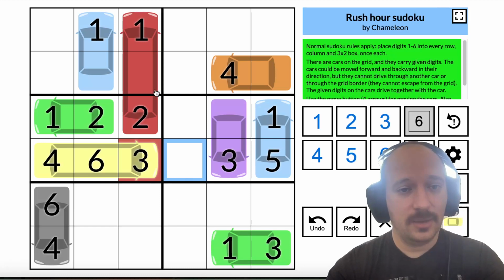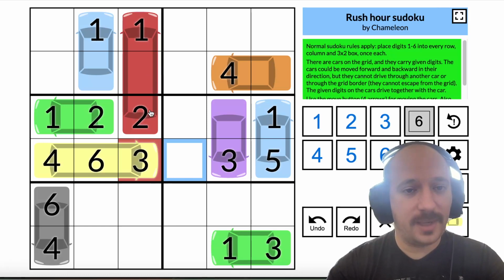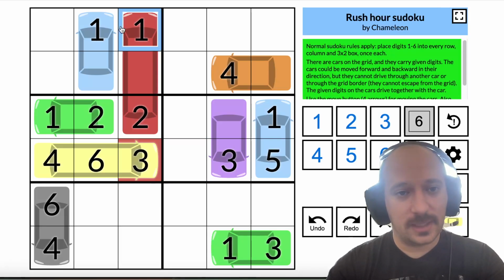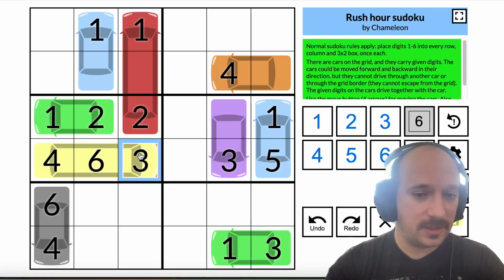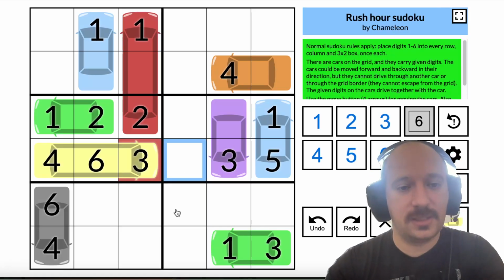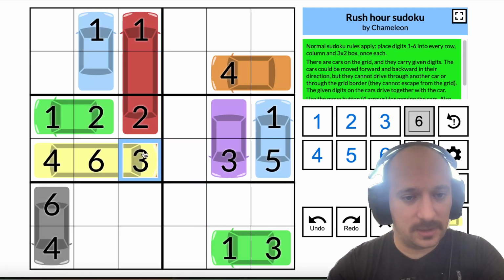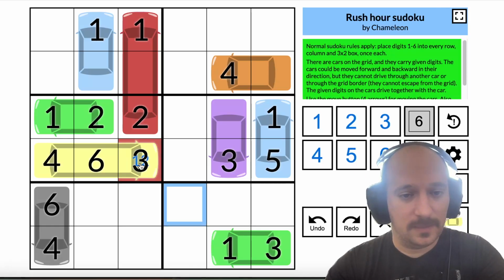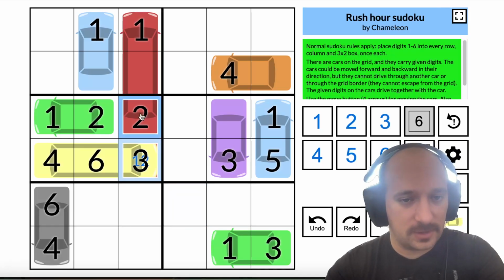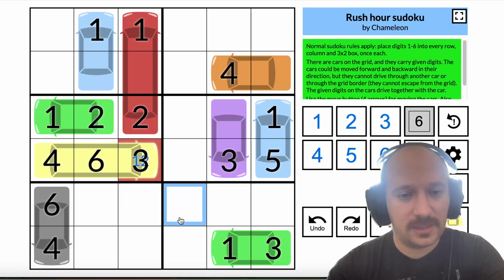Imagine you have a nonogram puzzle with a 3 clue here, and you know that this cell is empty, then you mark this one as shaded. Exactly the same thing. So first of all, we can mark that it's a cell of the red car, but even more, we can mark that it's 1 or 2, because there are only 2 possible states.